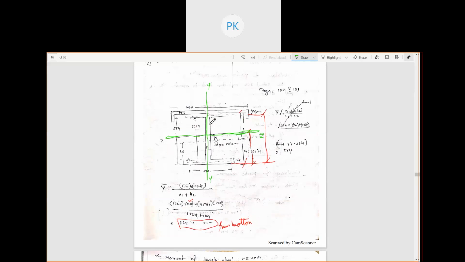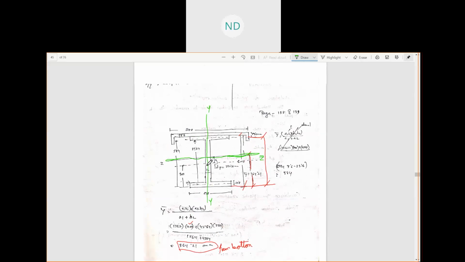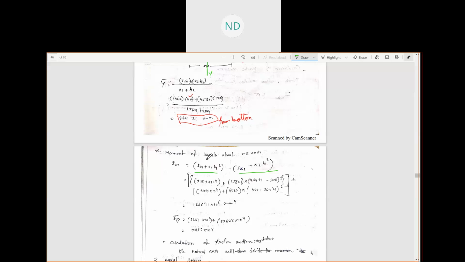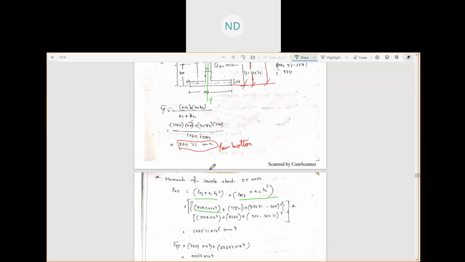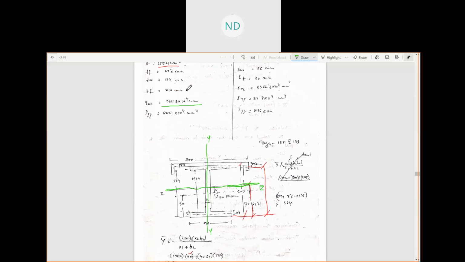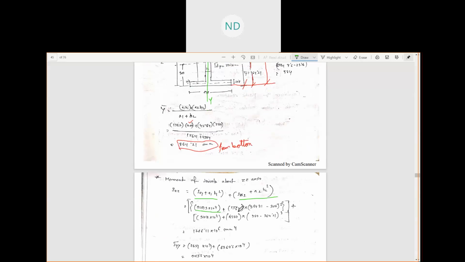So you see here, Iz, the moment of inertia for this I section, is given to you as 91813. Then area A1, the area of the I section, is 15621.